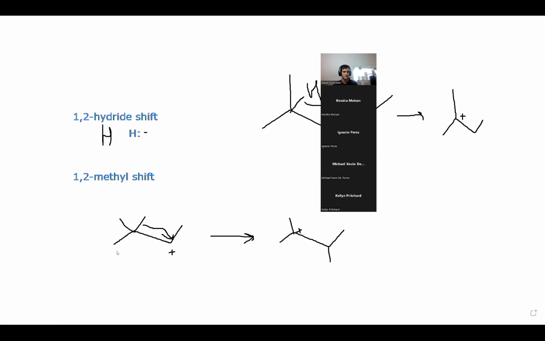So if I look at the one under the 1,2 methyl shift, the carbocation can't come over here, so I had to move the methyl in order to give it a more substituted position, right? Whereas in the top one, if I just move the hydrogen, I can get the carbocation in a more substituted position, right?